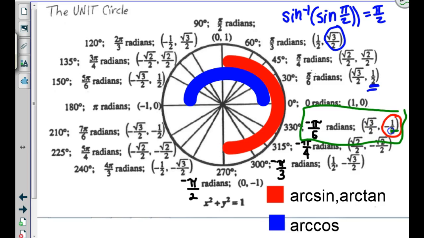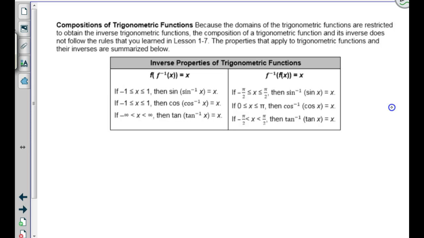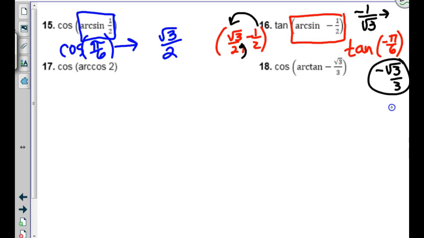The divisors will always cancel. So I get negative 1 over square root of 3. And then I have to rationalize because somebody said it. So we get negative square root of 3 over 3. Better? You get the rationalized part? Okay. Sorry, I'm going back and forth here too many times.